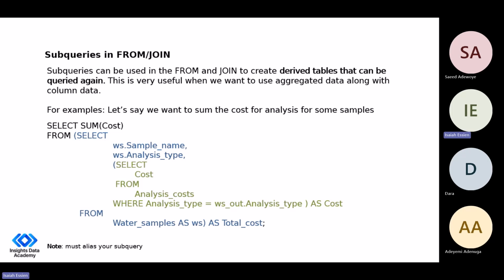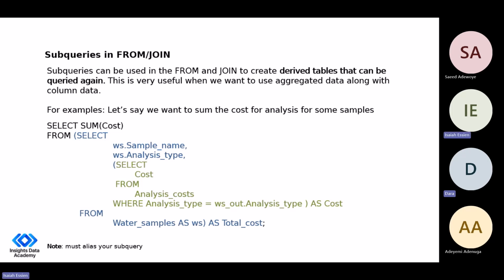It's not compulsory that you always put this AS. So if there's a space there, MySQL will see it as an alias. So it's best to use an underscore or probably a dash or things like that.